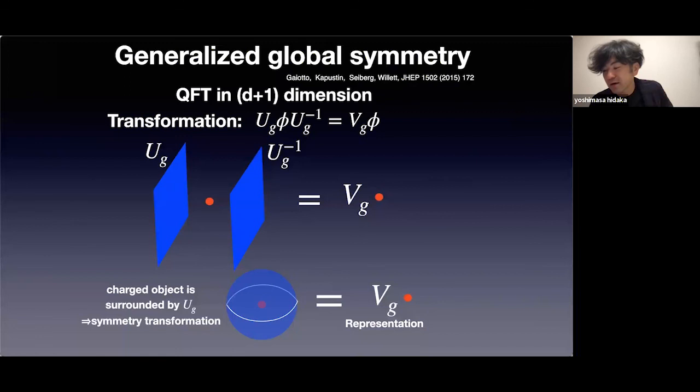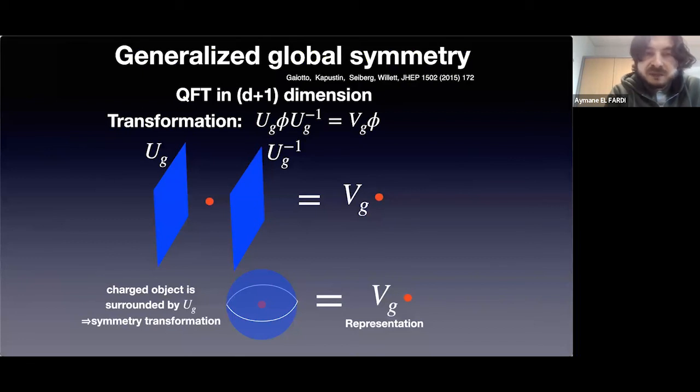Right. Yeah. And the Vg is actually the representation. Representation. Okay. And so for the equation of the transformation, it is correct to write.